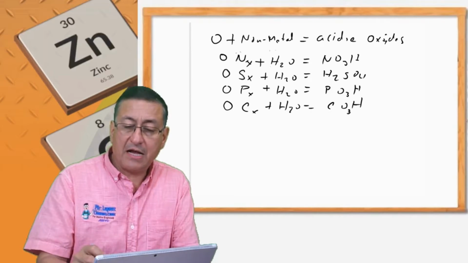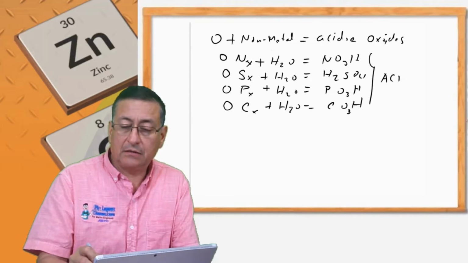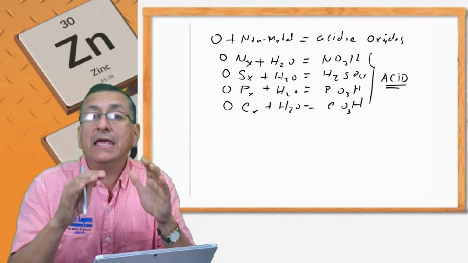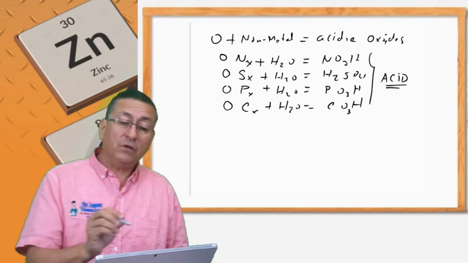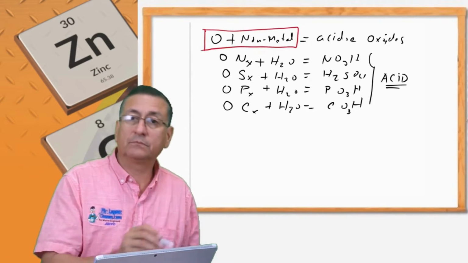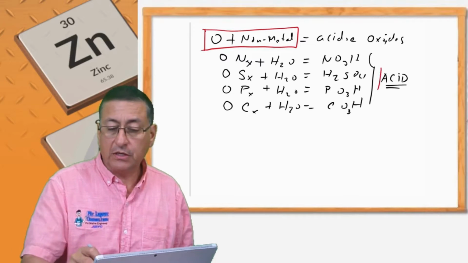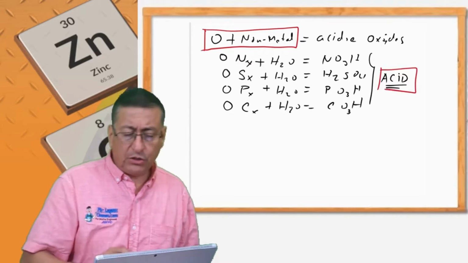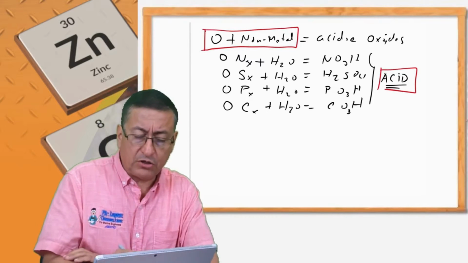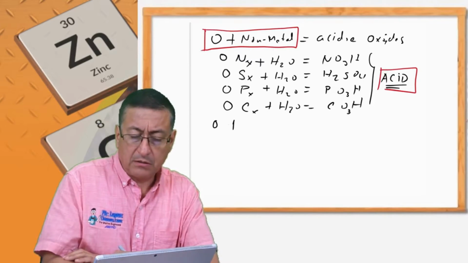Those are acids. And the acids are highly corrosive. This is the case when you have oxygen and non-metals: you produce acids. And now we are going to check what happens when we have oxygen plus metals.